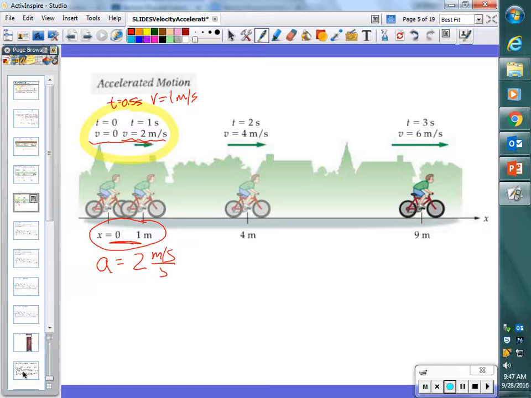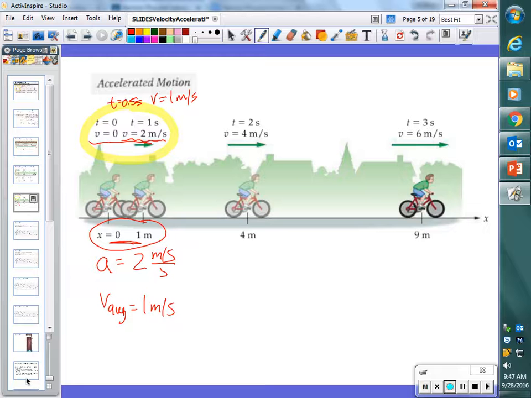So, in this case, the average velocity during this interval is 1 meter per second. Does everybody see where I got that number from? Okay, good with that.